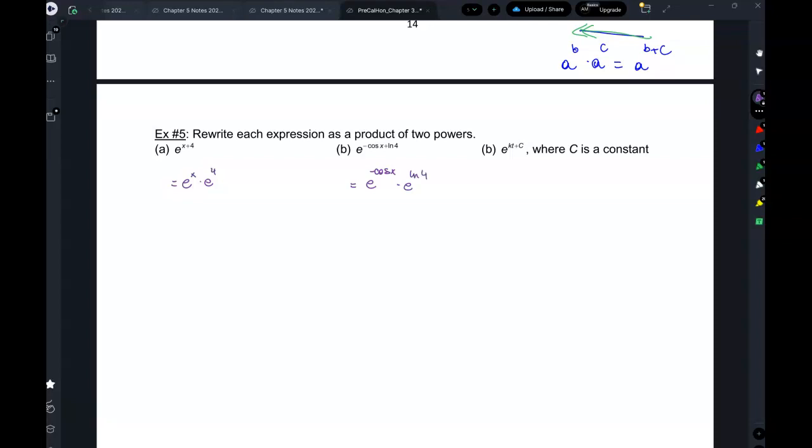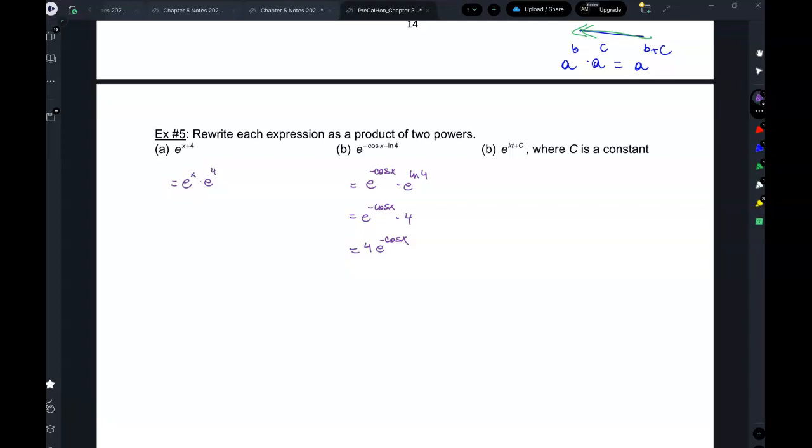But what's e to the ln of 4? 4. So this will just be 4 e to the negative cosine x. So when it's multiplication, this is a coefficient. We should write it at the beginning. It looks cleaner.